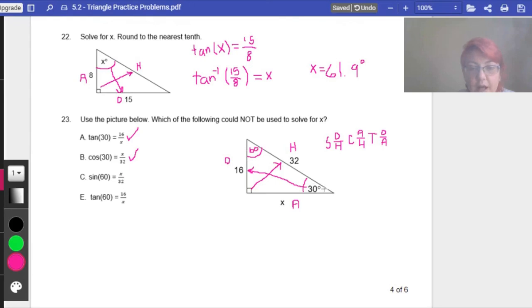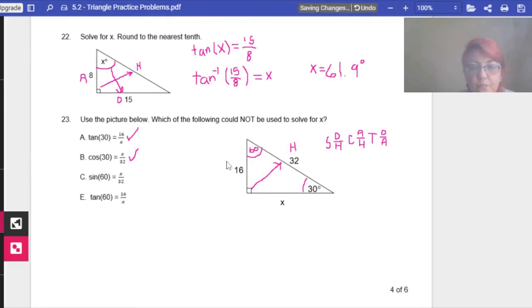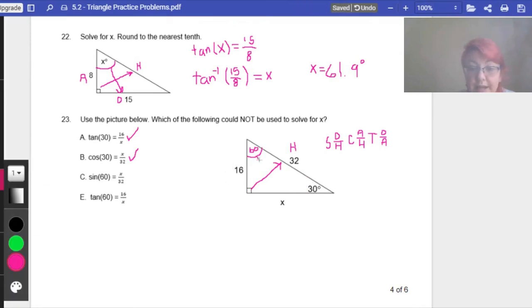So to use that one, I'm going to relabel my O and A. If I'm going from 60, now this is my O and this is my A. Sine 60, opposite over hypotenuse, X over 32. Good. Tan 60 would be opposite over adjacent, or X over 16. So this is the one that's out of place.